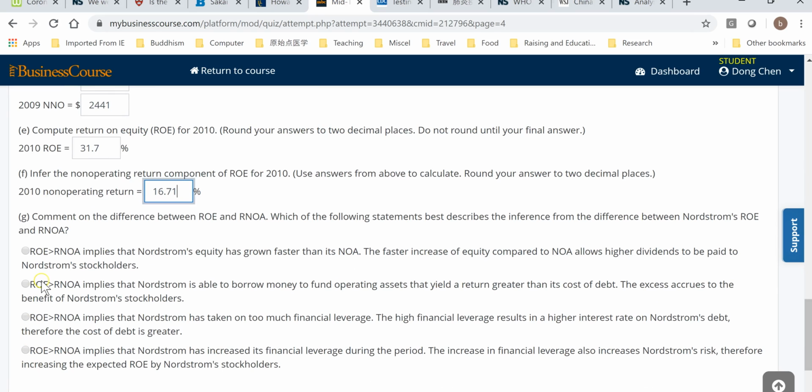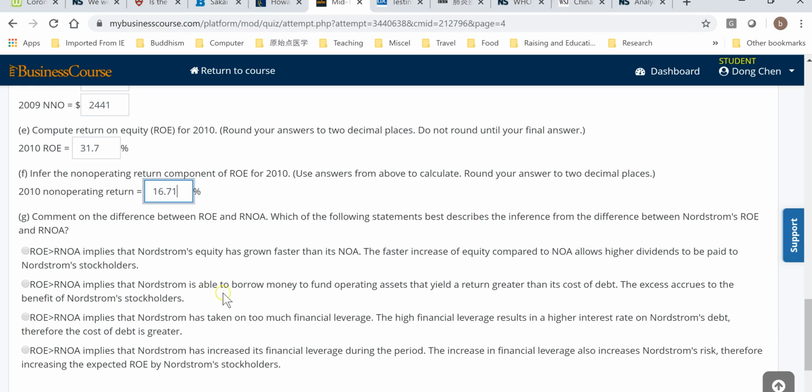So basically, we just look for the answer which matches our analysis. ROE is greater than RNOA implies that Nordstrom's equity has grown faster than its NOA. That's not what we just figured out.